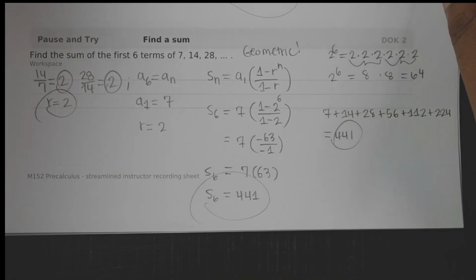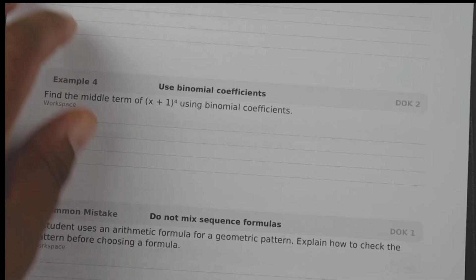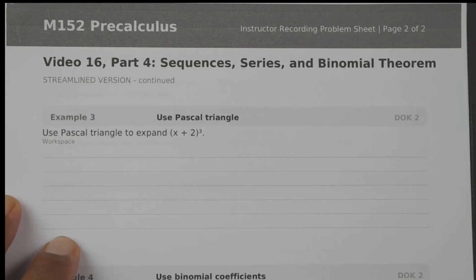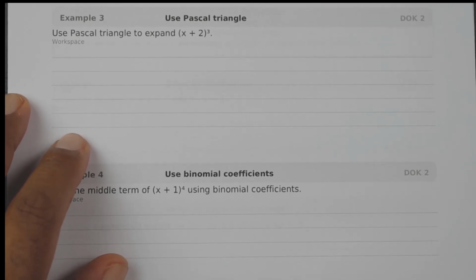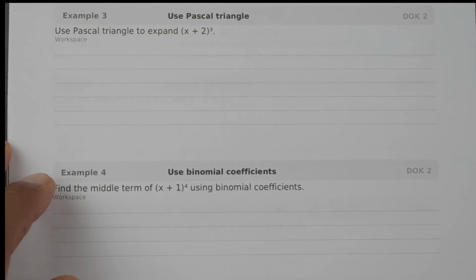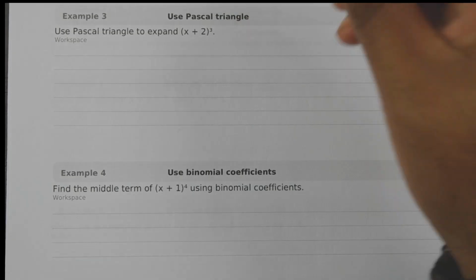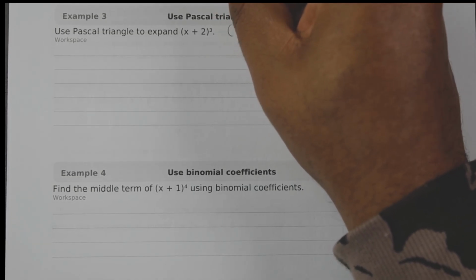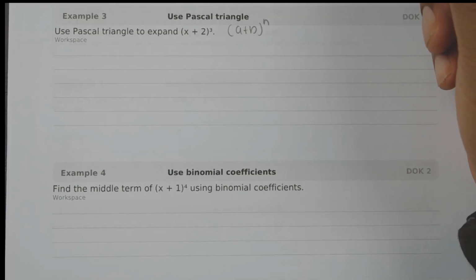All right. Let's continue. Example number 3. We're going to be using Pascal's triangle to expand x plus 2 raised to the third power. So the exponent is 3. Remember, this corresponds to a plus b raised to the power of n.